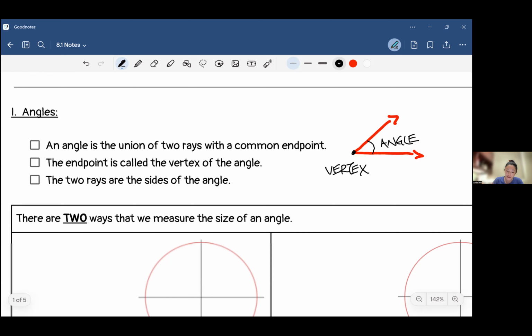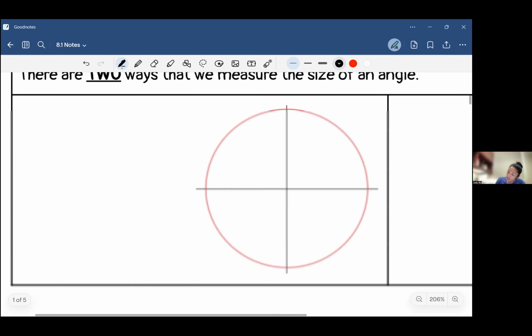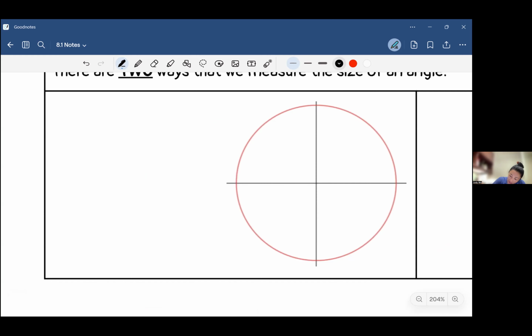But what is interesting for us is there are two different ways that we measure the size of an angle. Okay, so we can take this circle right here and we can cut it into 360 slices. And each of these slices would be the same size, okay?